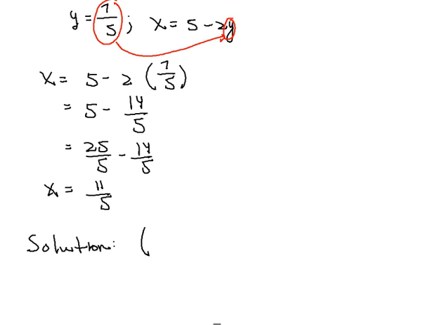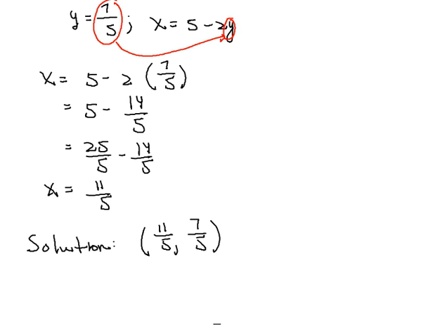And we'll, of course, place the x value first. It'll be 11/5 and 7/5. Now because this is a single ordered pair, that's going to tell us that the graphs of the two lines in the system will intersect in just one point, which means we have a consistent and independent system.